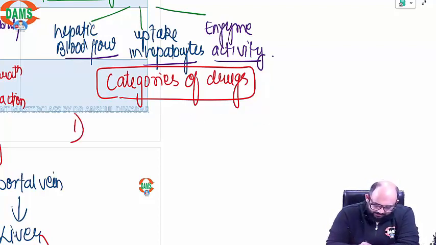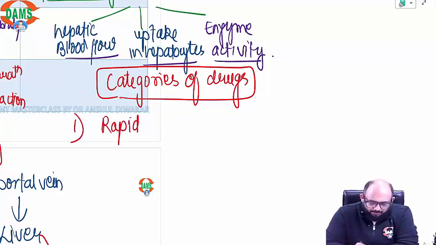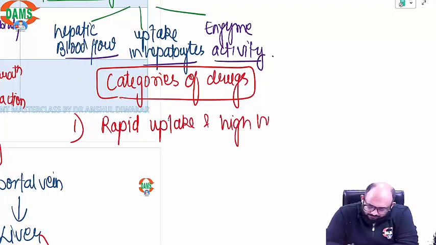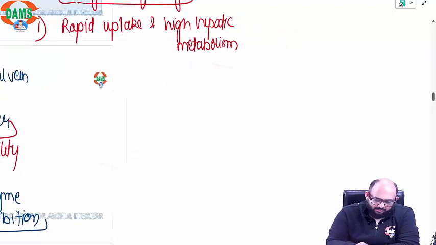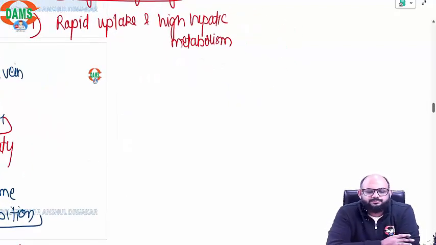First category is rapid uptake and high hepatic metabolism.